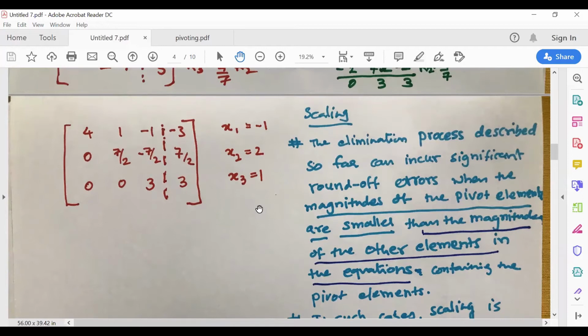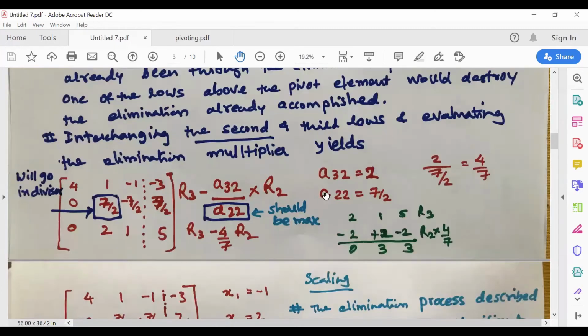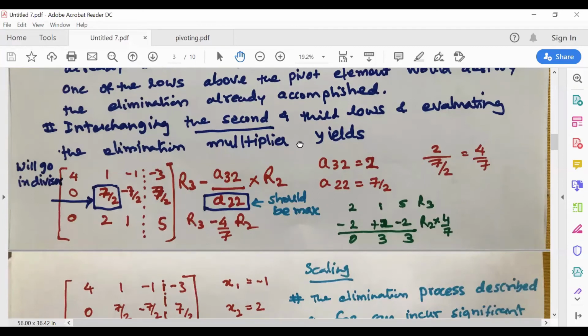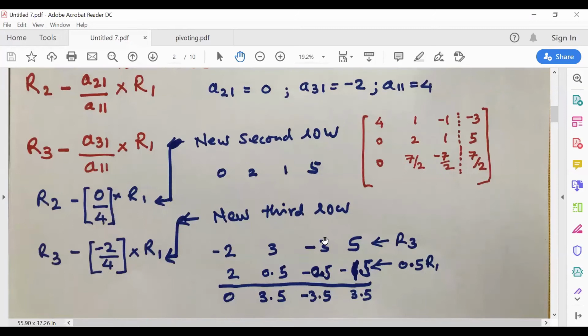Any doubt here? Ma'am, I have one doubt. Yes. मैम जब आपने ऐसा बोला था ना कि पाइवोटिंग और एलिमिनेशन n-1 टाइम्स होगा, तो इसमें भी 3 by 3 था तो हमने 2 बार एलिमिनेशन किया, ऐसा उसका मतलब? Yes. It means you consider this 2 element elimination as one operation.